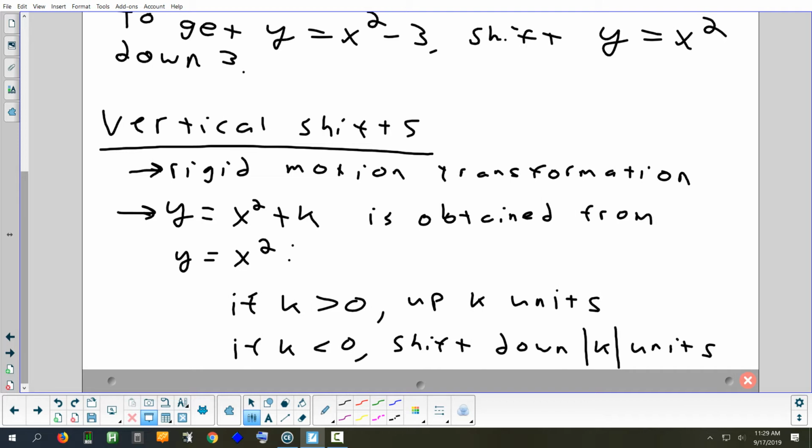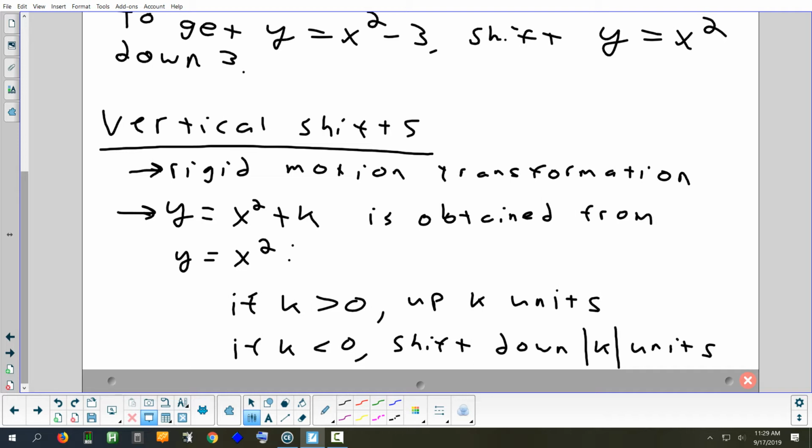Okay. And the idea here is that if you have y equals x squared plus k, if k is greater than 0, it'll shift up. If k is less than 0, it will shift down. Now, I wrote shift down absolute value of k units because you don't want to say something like shift down negative 2 units. That's confusing. You shift up 2 units or you shift down 2 units.